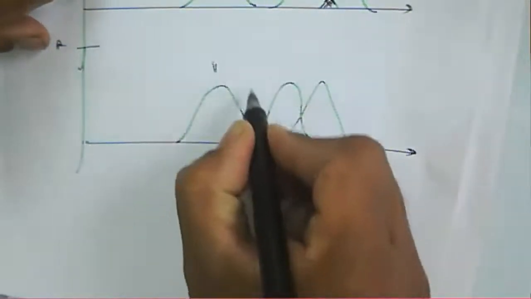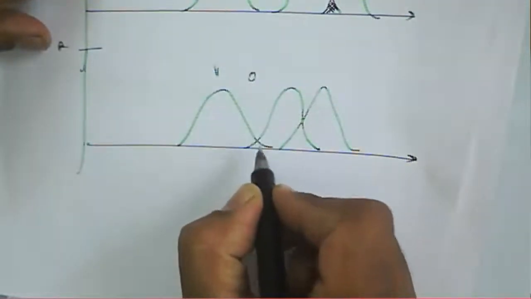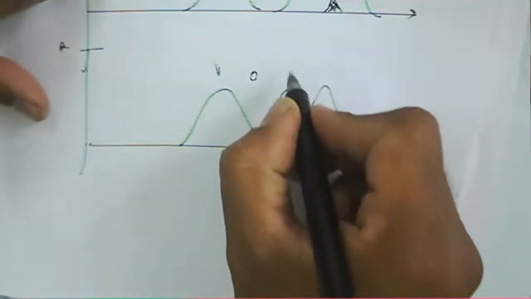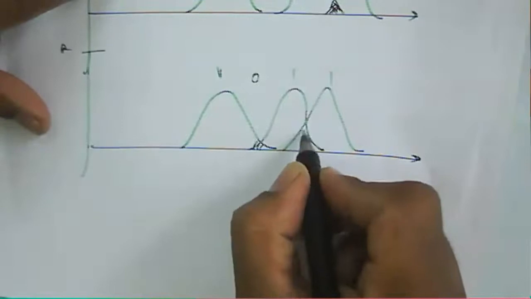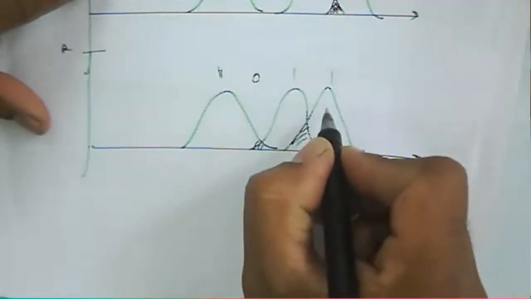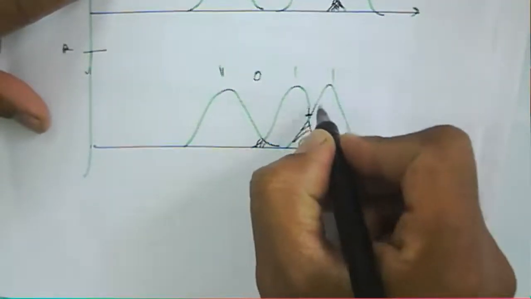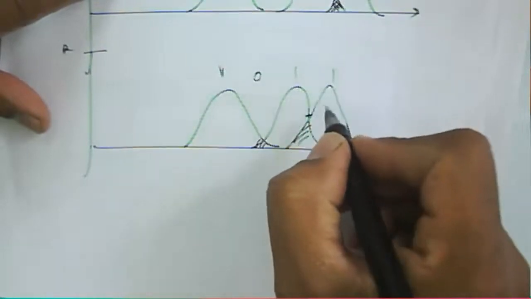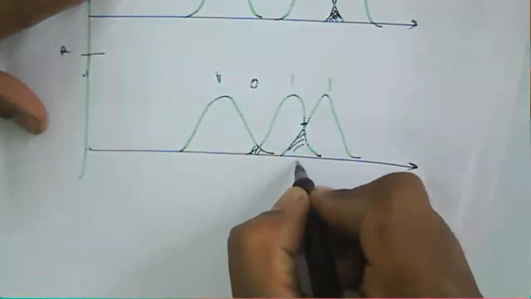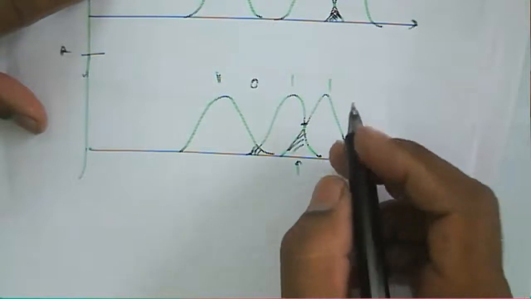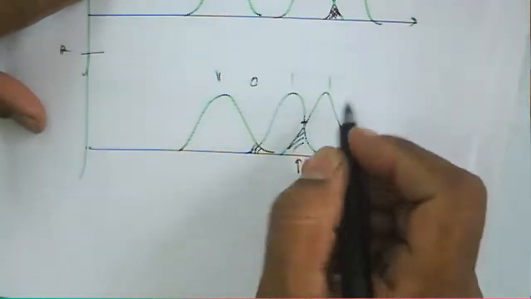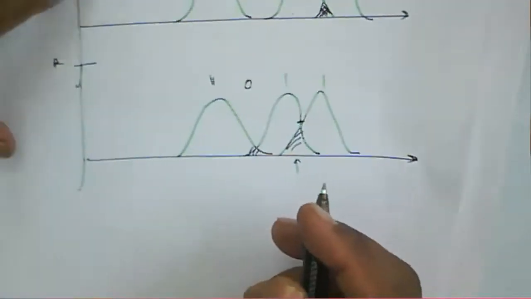Then the 0 overlaps with the other pulse, the 1, and this one. And then for the 1 and 1, if you measure the combined amplitude at that particular period of time, it looks like a 1. But which particular pulse this 1 belongs to is not recognizable here.